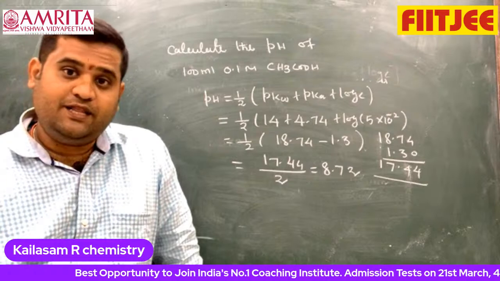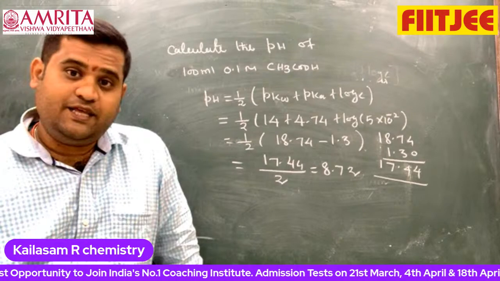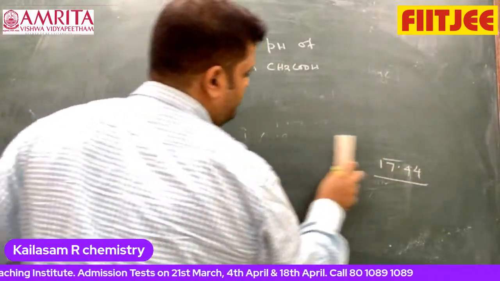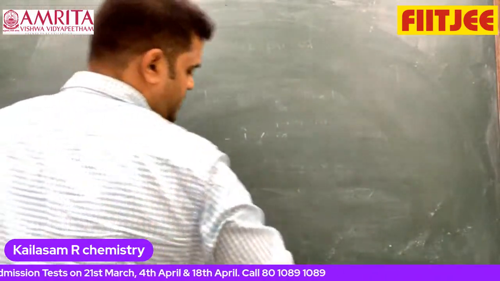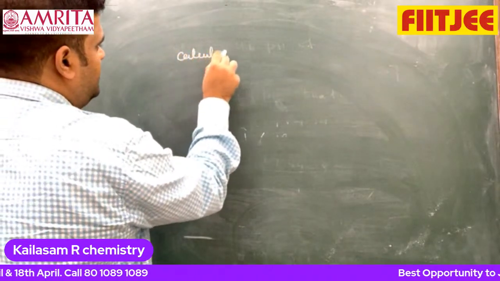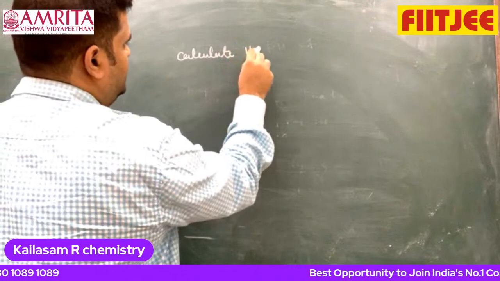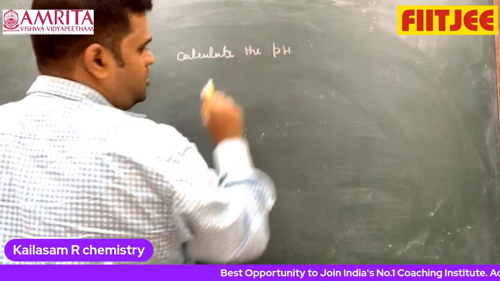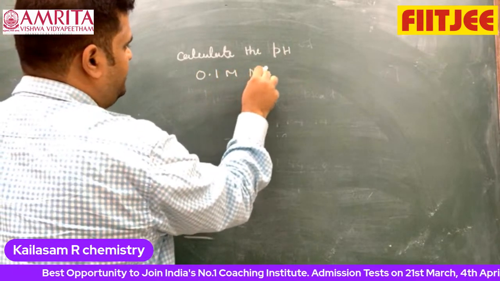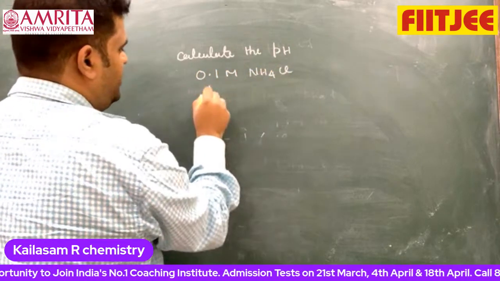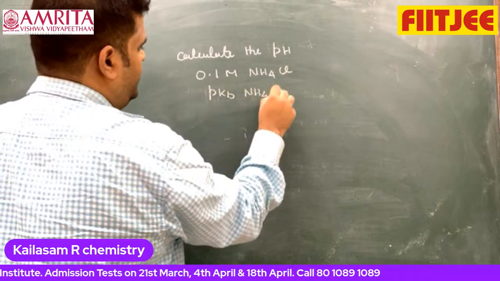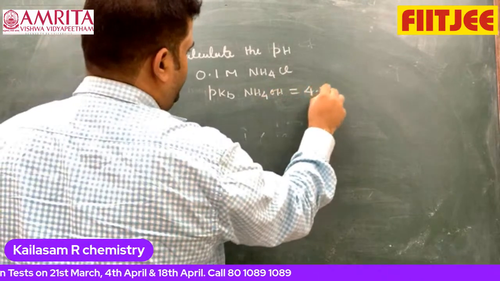This is one way. But in one more question they will ask: calculate the pH of 0.1 molar NH4Cl. They will give you that pKb of NH4OH is 4.74.